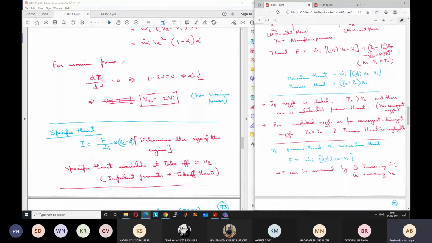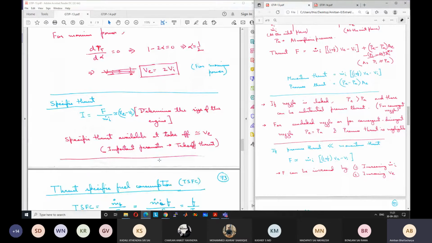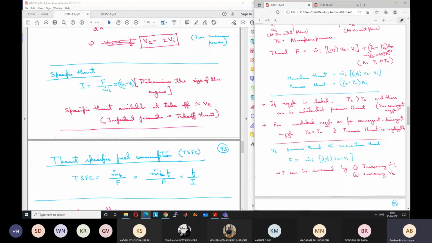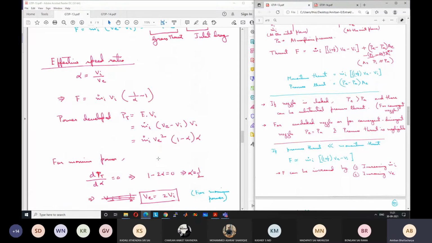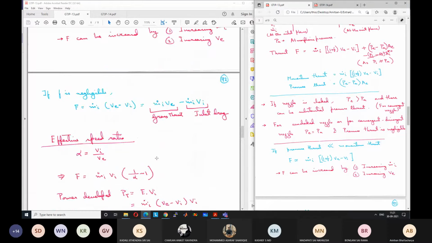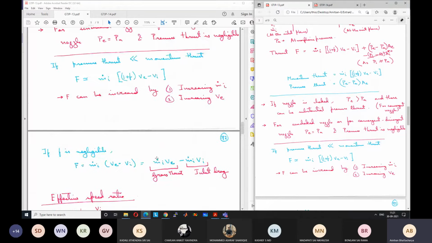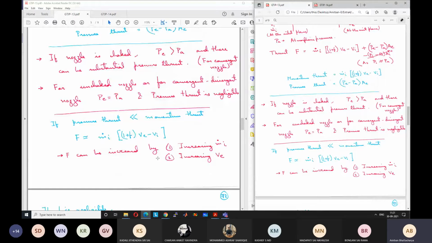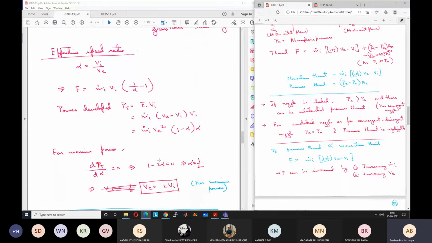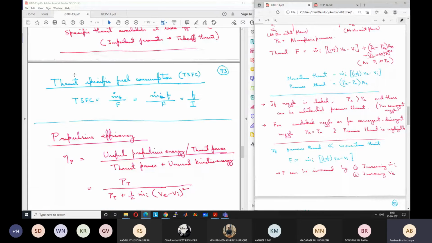So there we have seen two important parameters. One is the thrust, one is the specific thrust. The other important parameter is thrust specific fuel consumption. Again, this is analogous to the specific fuel consumption, which was based on the work output for our industrial gas turbine.